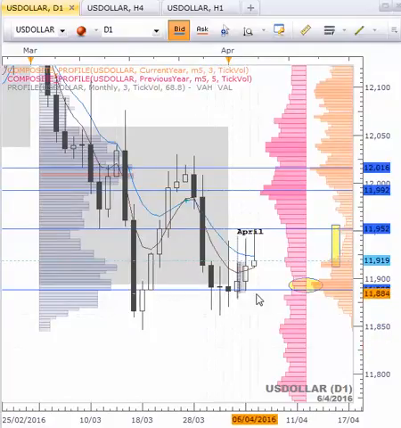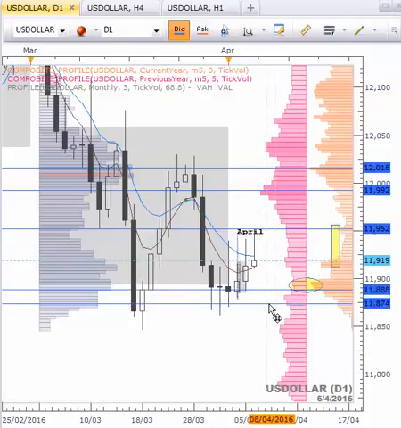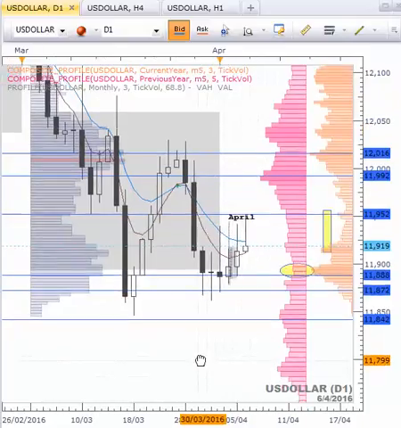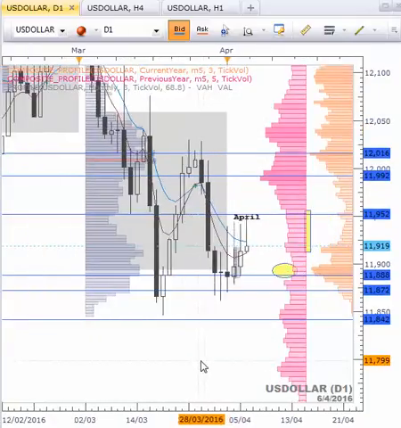And if it breaks down below 1188, then look for 873, and then down to 842, based on the volume profile. Those are the levels of the volume profile that I want to be looking at.